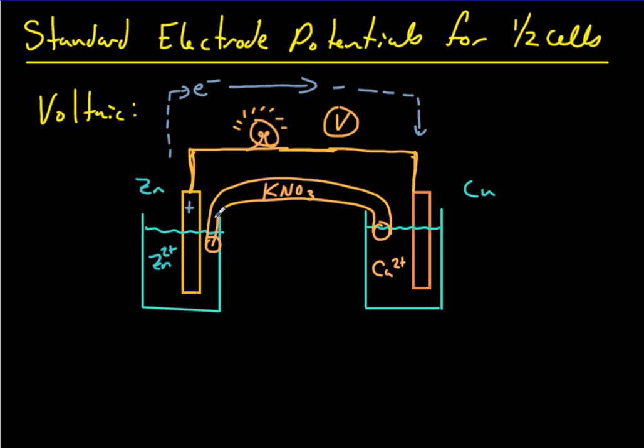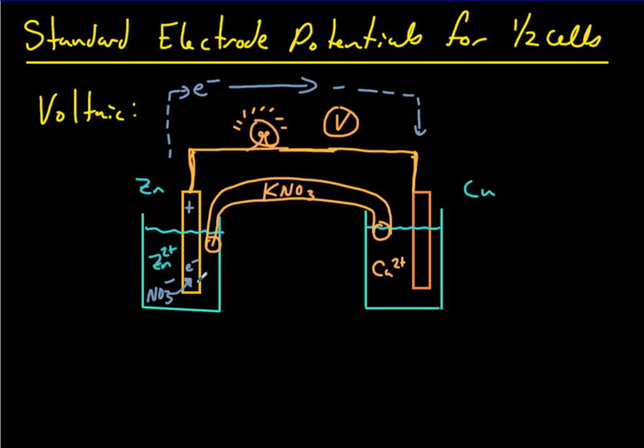So cations are going to be repelled and anions attracted to it. Let's say the anions are something like nitrate.